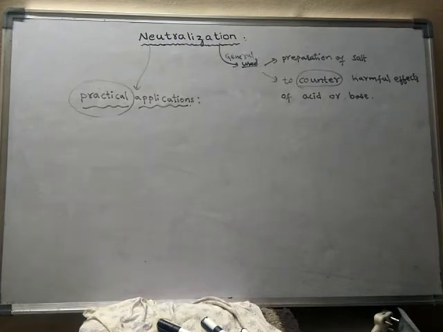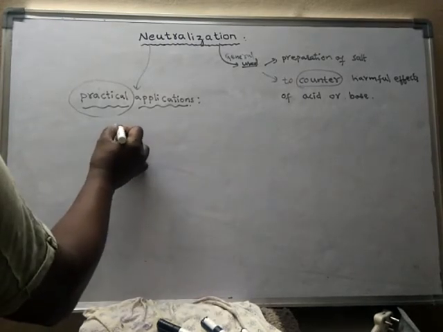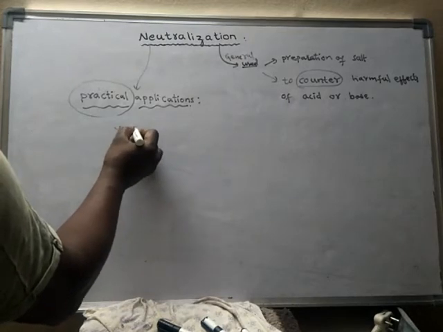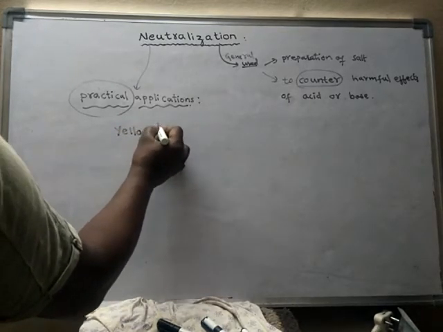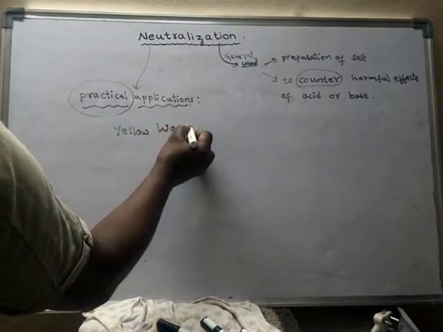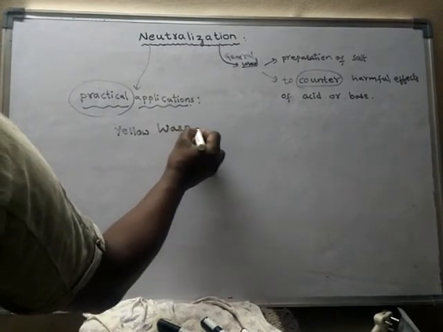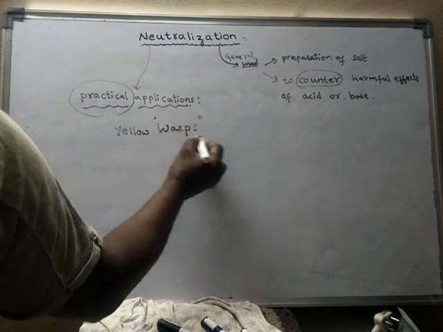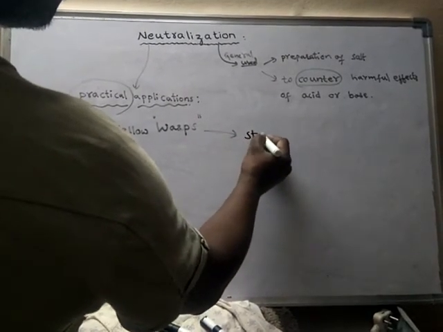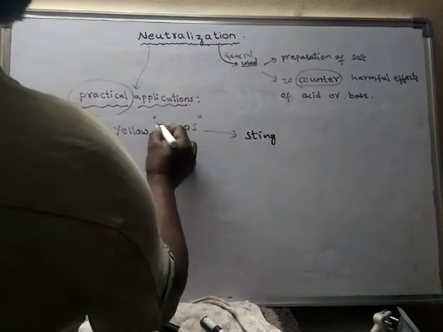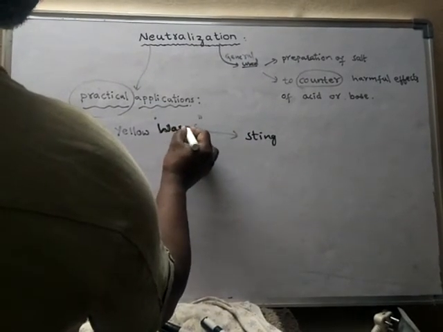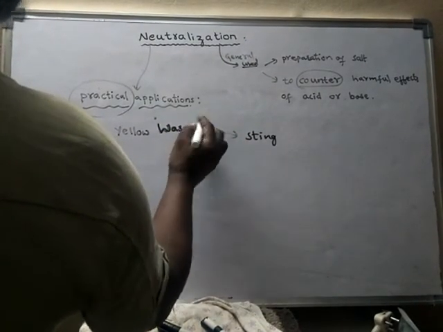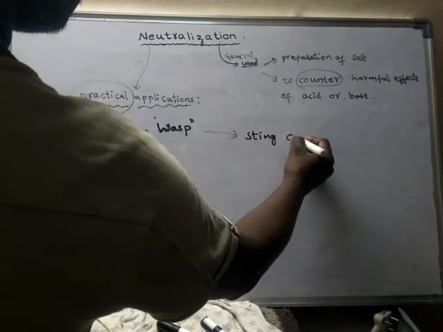So yellow colored wasps. Wasp means kandiriga. So when these wasps sting, the sting of the wasp contains what?